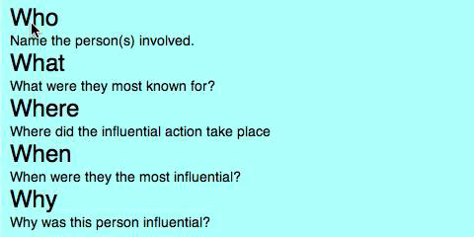So first you're going to name the person or persons, however many people, if it was a group of people, were involved. Then what were they best known for? What was the most influential thing that they did? You're going to say where the action took place, and it could be a continent, it could be the United States, it could be all around the world. You have to have a where.